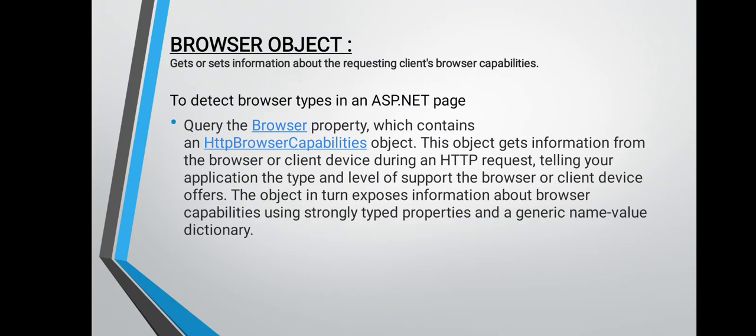This object gets information from the browser or client device during an HTTP request, telling your application the type and level of support the browser or client device offers. The object in turn exposes information about browser capabilities using strongly typed properties and a generic name-value dictionary.